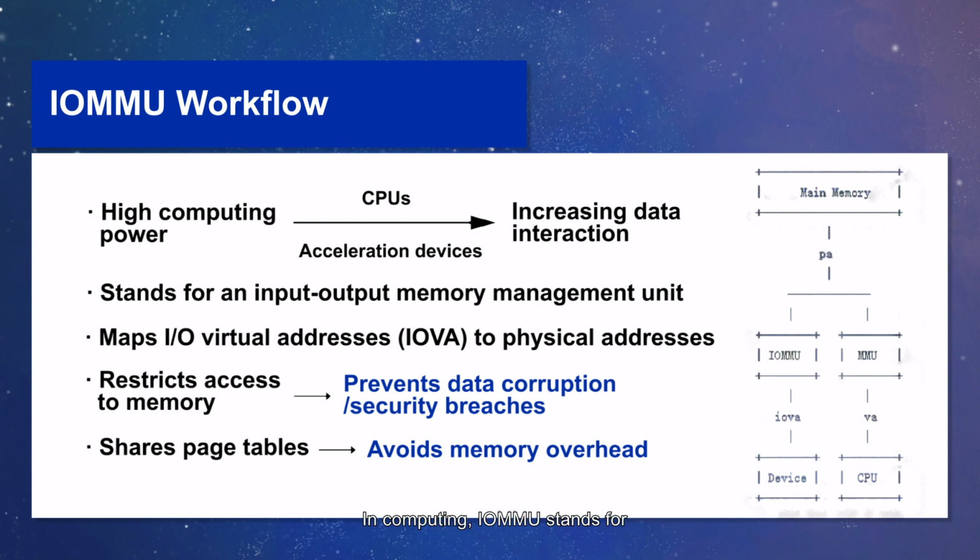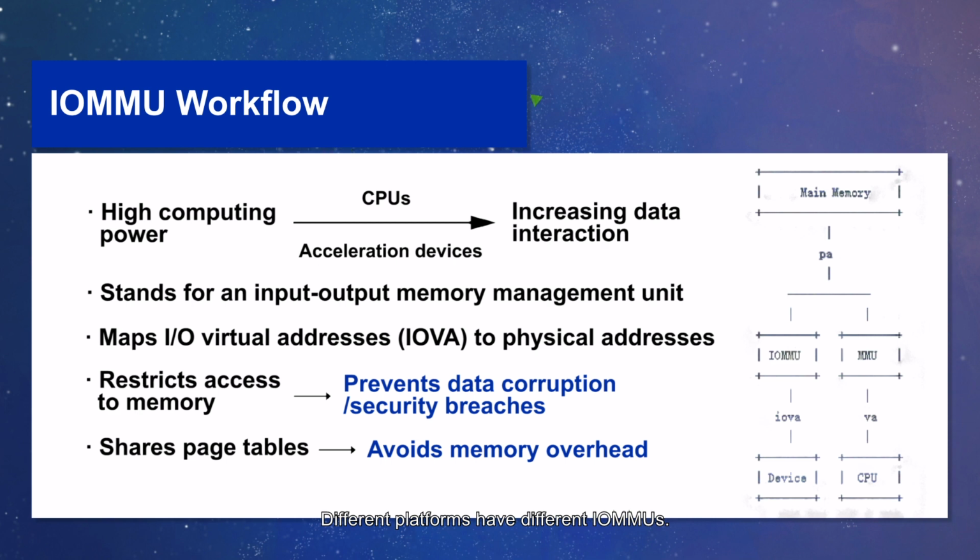In computing, IOMMU stands for Input-Output Memory Management Unit. An IOMMU, a type of hardware used to provide memory protection for I/O devices, connects a DMA-capable I/O bus to the main memory. Like a traditional memory management unit, an IOMMU maps I/O virtual addresses, IOVA, to physical addresses.